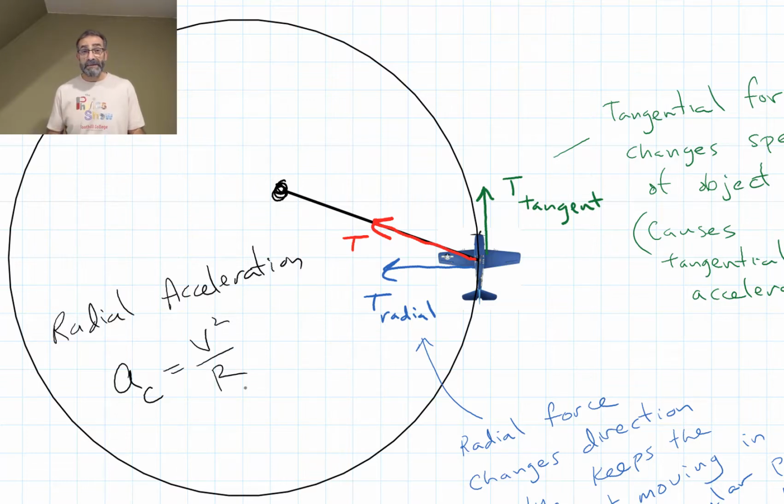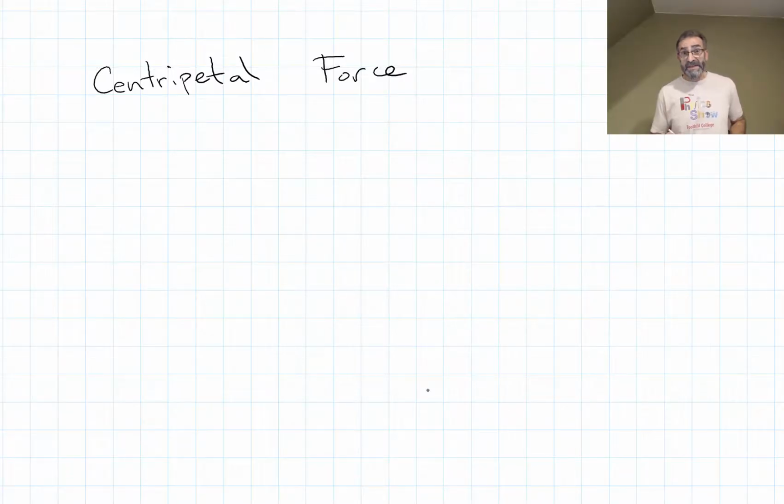The radial acceleration has to be a centripetal. The centripetal acceleration is v squared over r. Let's talk about centripetal force and the net force in the radial direction.